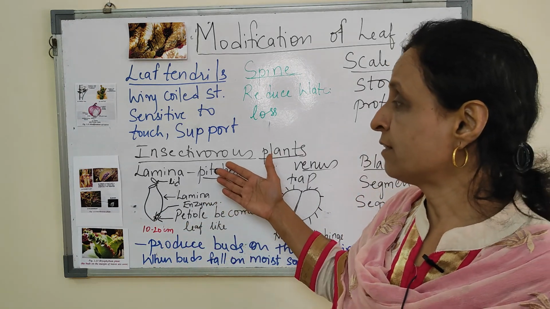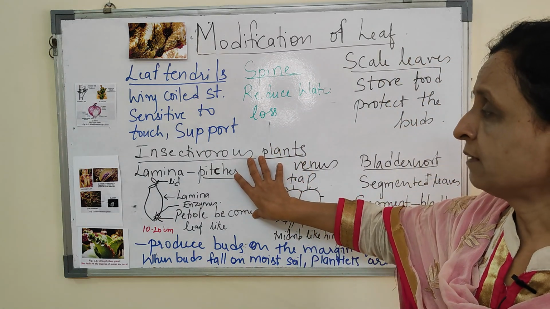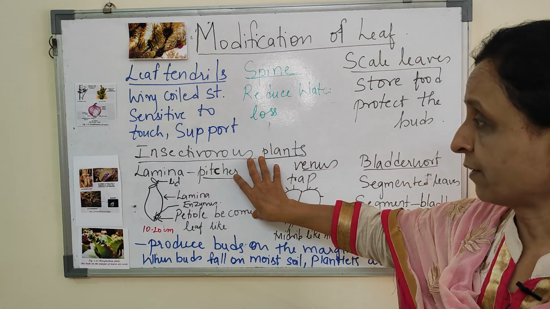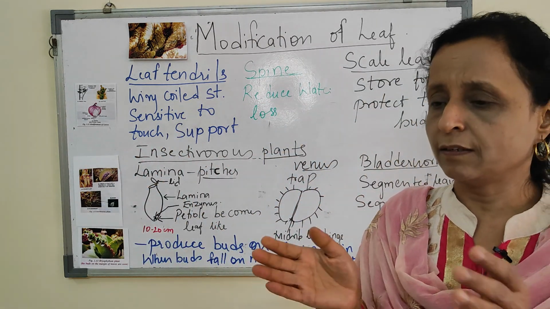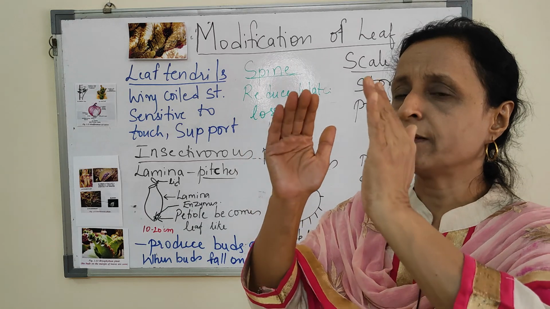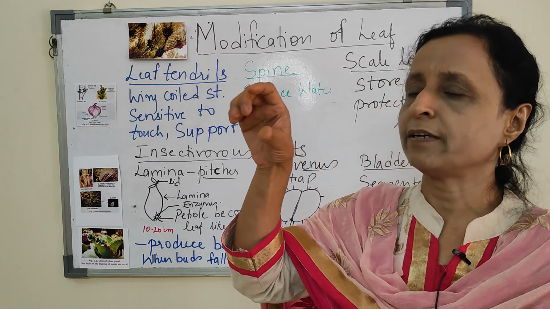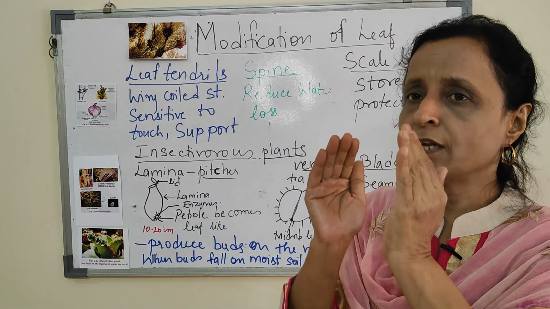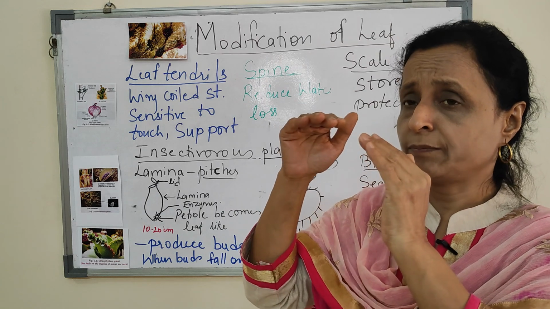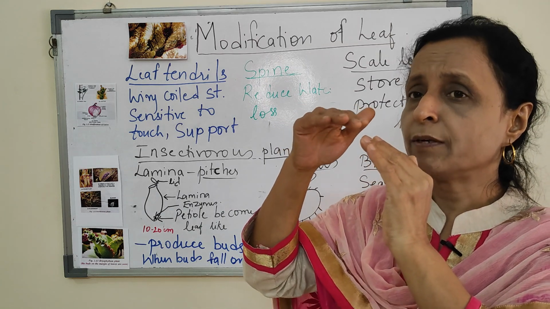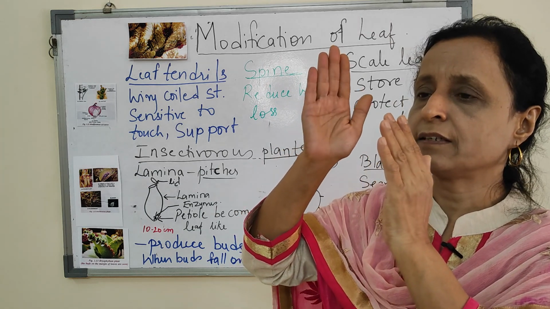So here let's see some modifications for the plant to become insectivorous. Here you must have heard about the pitcher plant. The leaf is modified to become a pitcher, that is a matka, a sort of small matka which will be 10 to 20 centimeters. So they become a pitcher. The upper rim is modified to form a lid, so that as an insect enters, the lid will close.